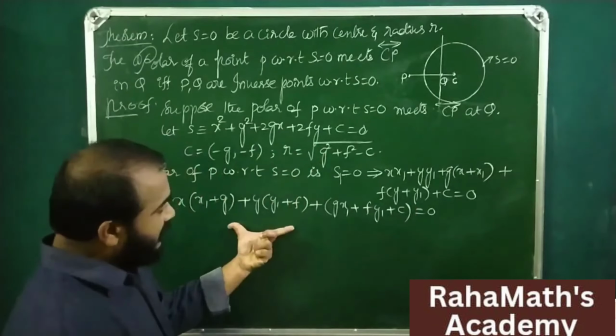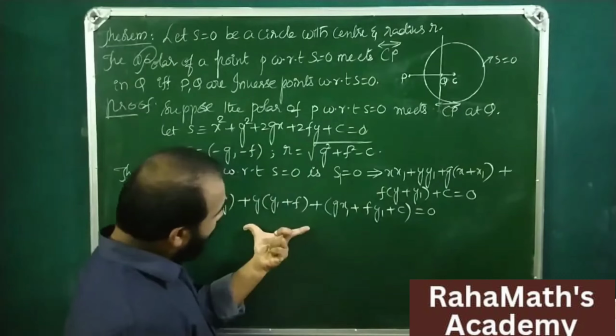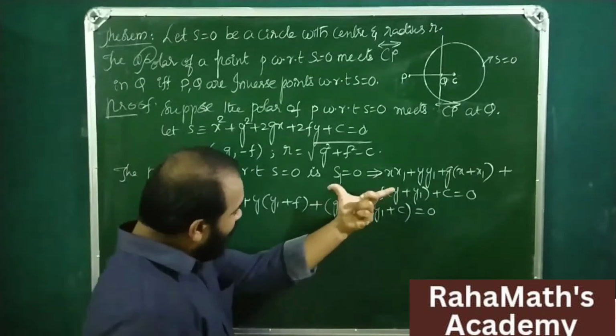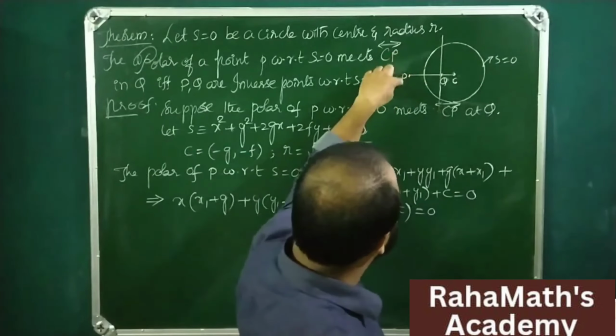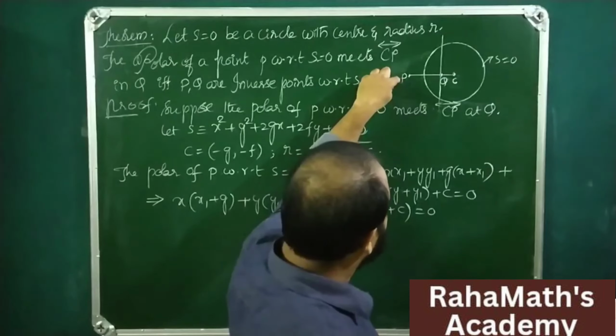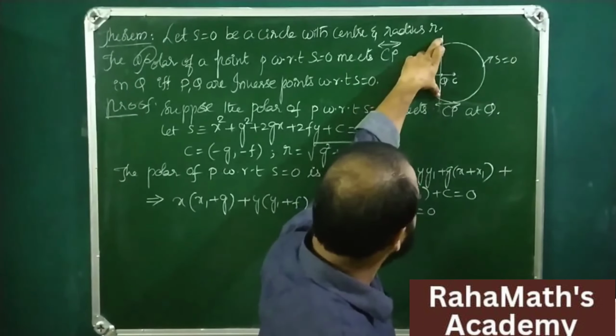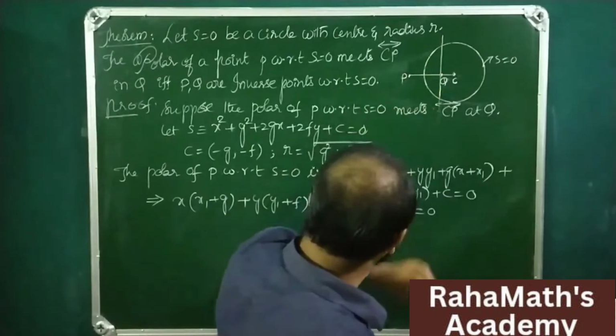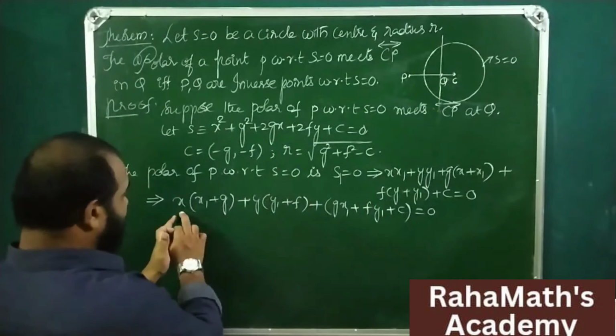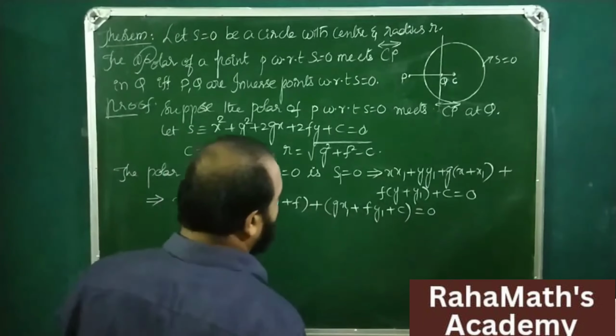This we have derived from this only. And what is this? The polar of P. P is the point; the polar means it's a line. A line is of the form ax plus by plus c equals to 0.